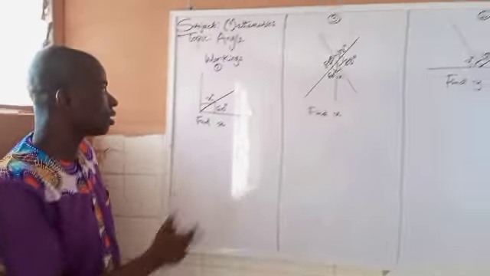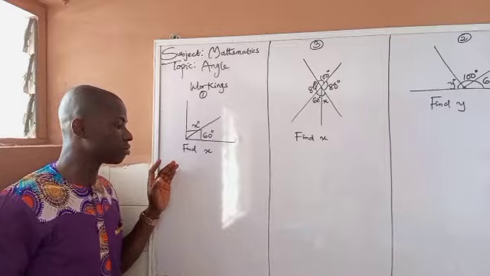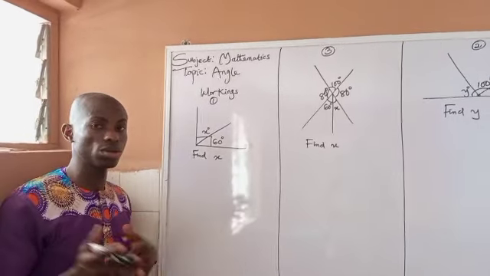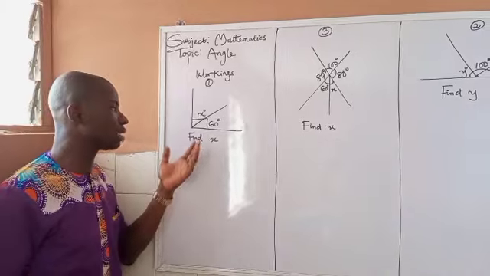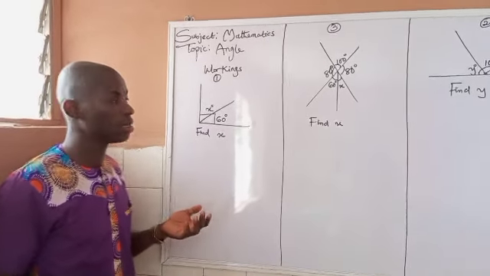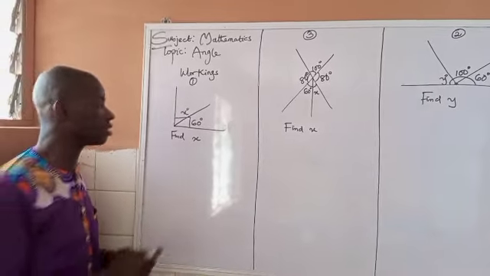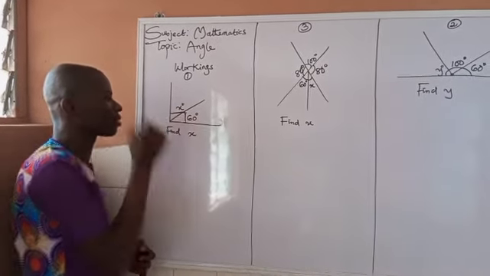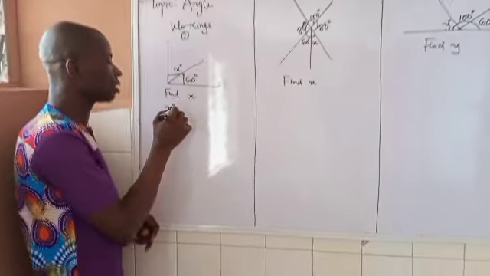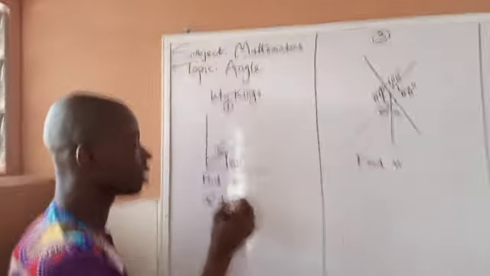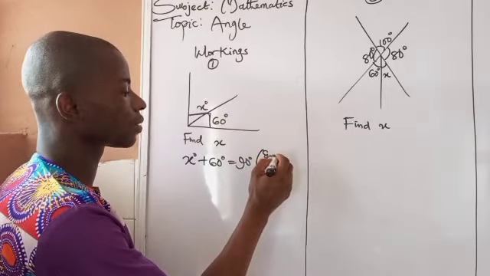Now, the first question I'm going to give us is going to be according to the theorems given to you. If you look at the board, they ask us to find x. And if you look at the first theorem, I told you sum of angles in a right angle equals 90 degrees. So this is 90 degrees. Are you paying attention? So to find our x, we have x degrees plus 60 degrees equals 90 degrees. Why?